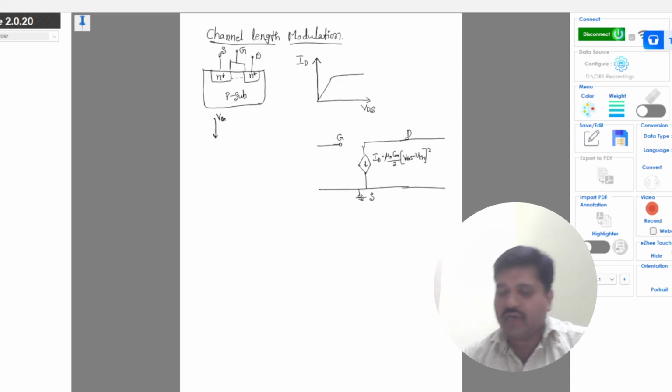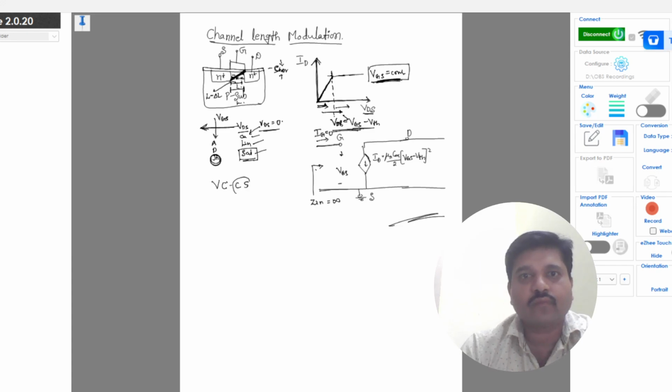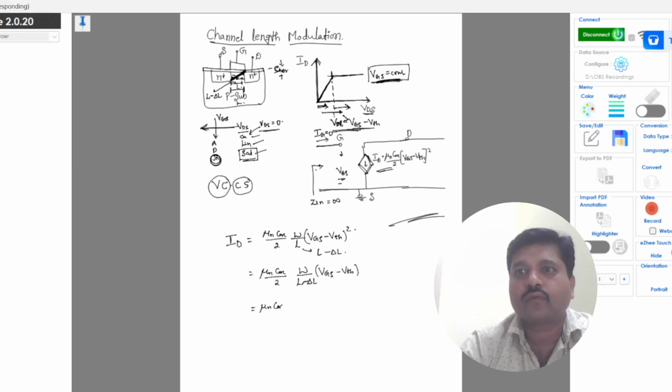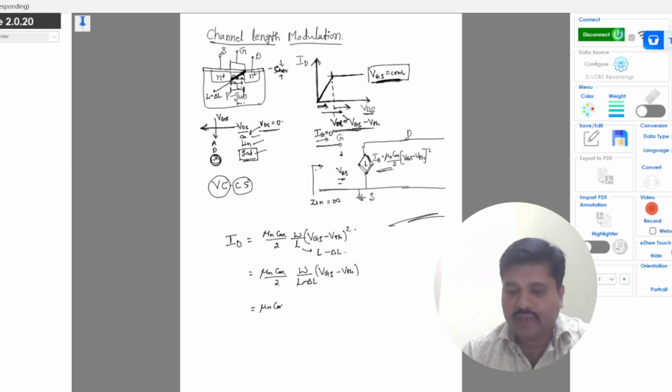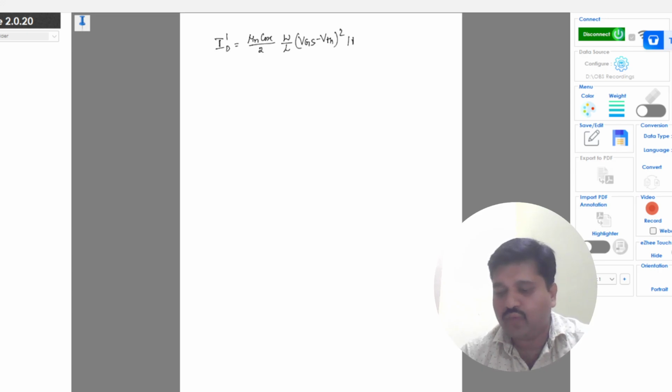Taking this equation, I will continue with the same. Here I will consider the equation ID dash equals mu n COX by 2 into W by L into VGS minus VTH whole square into 1 plus lambda VDS.